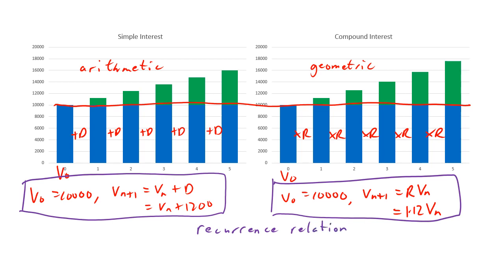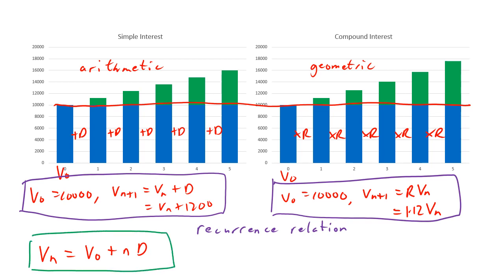But we also said, look, sometimes I want to work out V20 without having to work out V1, 2, 3, 4, 5, all the way up to 20. So we can actually say here that Vn also equals V0 plus n lots of D. That's a nice sort of rule that just shoots us ahead. I like to call it the shoot ahead rule.